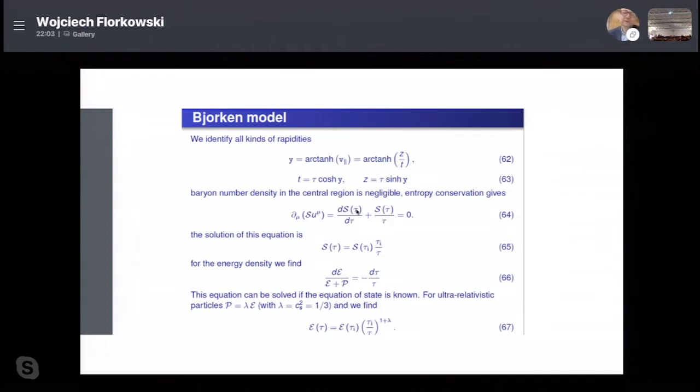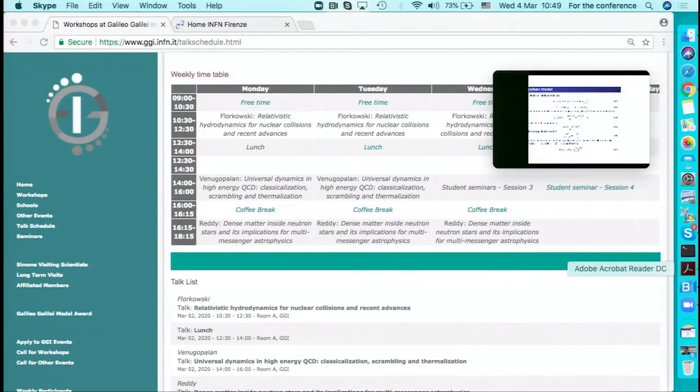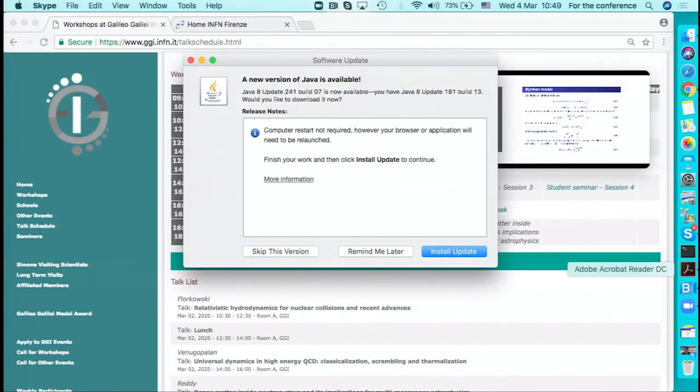S is a function of the proper time, and the second term in this continuity equation gives you S times the divergence of the flow, which is 1 over tau. So you have a simple differential equation. The derivative of S is simply minus S over tau, and the solution is of this form. Simply, S scales with the inverse of the proper time. So if we know S at some initial time, then we know the entropy density at a later time. So it's very cool.